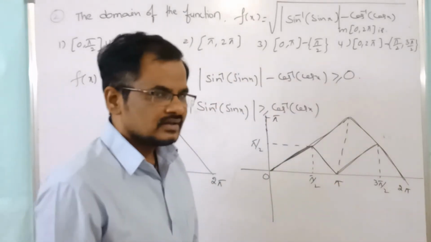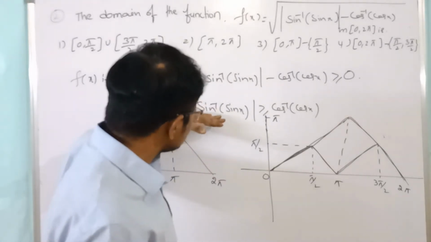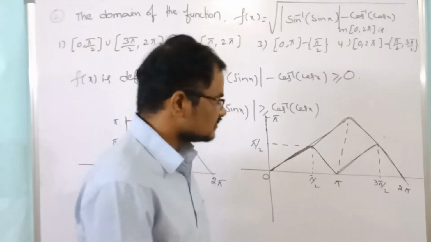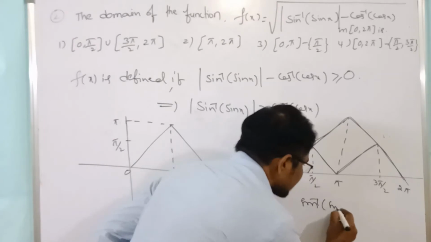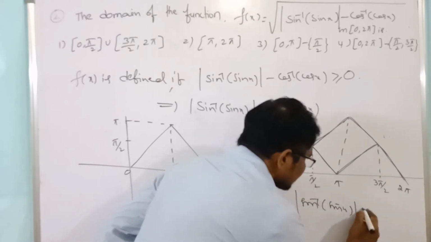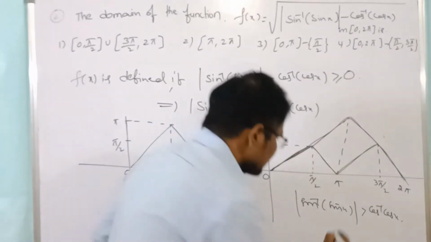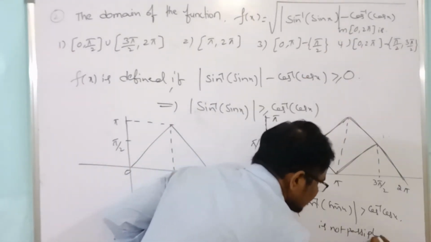Are there any values which satisfy sin inverse of sin x greater than cos inverse of cos x? No. That's why modulus of sin inverse of sin x greater than cos inverse of cos x is not possible in this interval, right?